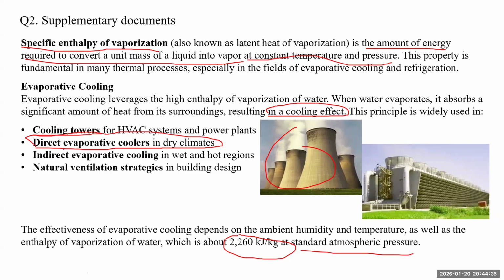And sure, there are direct evaporative coolers in dry climates. One simple example is after a shower, you feel chilly. That is because the water on your skin vaporizes, and it absorbs heat. So this is direct evaporative cooling, which can be widely used in dry climates.